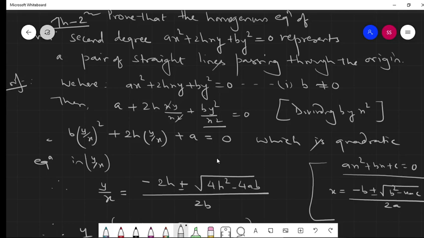Now if b equal to 0, yes, we supposed b does not equal 0.